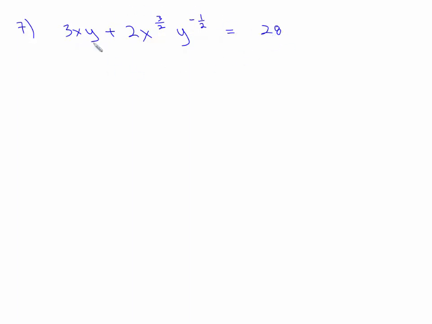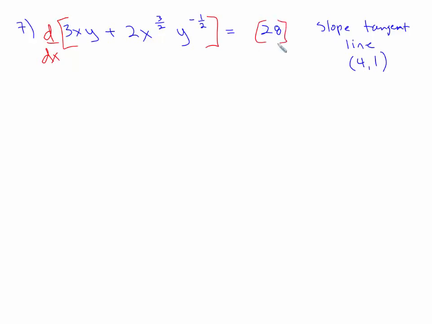And so given this function, let's say we need to find the slope of the tangent line at the point 4, 1. Okay? So in order to find the slope of the tangent line, you need to find the derivative of this. Obviously this is implicit, so we need to use implicit differentiation.